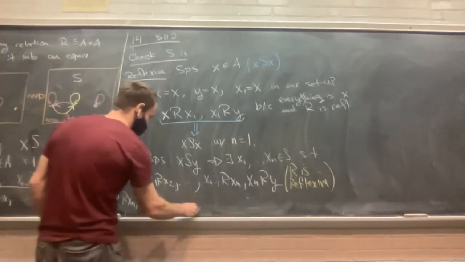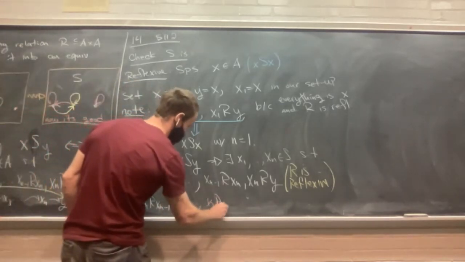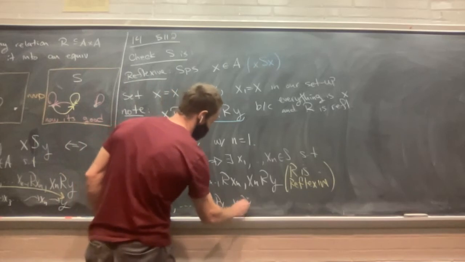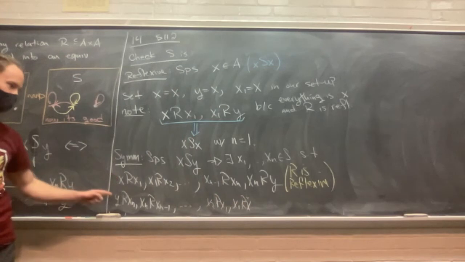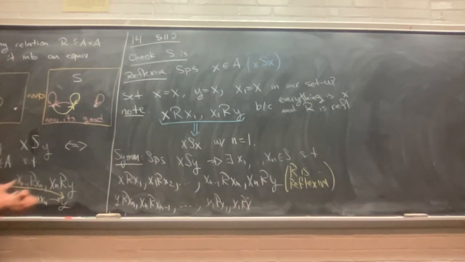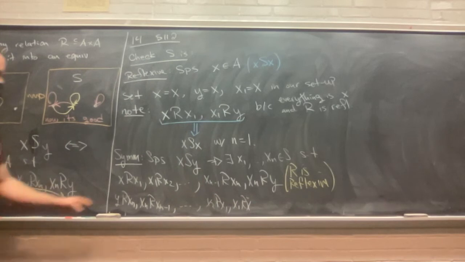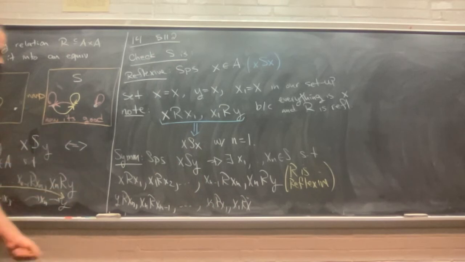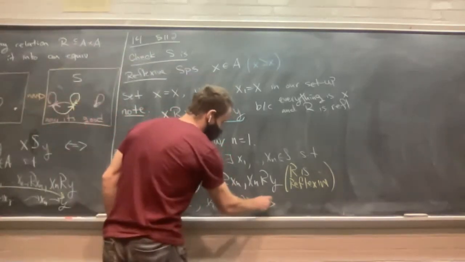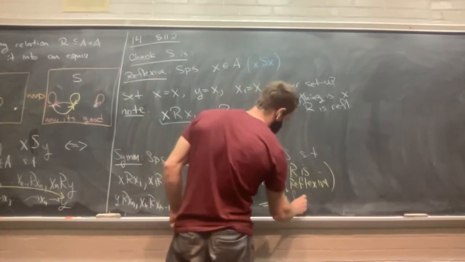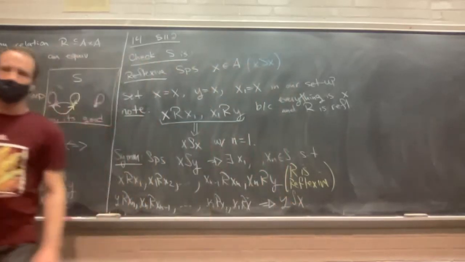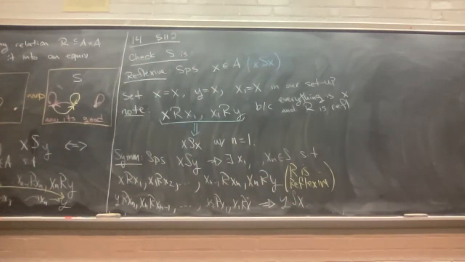And then all the way down to X2 is related to X1, and X1 is related to X. So we've just taken this list and reversed it. So we put the entries of the list in the opposite order, and we used reflexivity to reverse the arrows essentially. But this means that Y is S related to X. That's what we wanted. So we have symmetry.